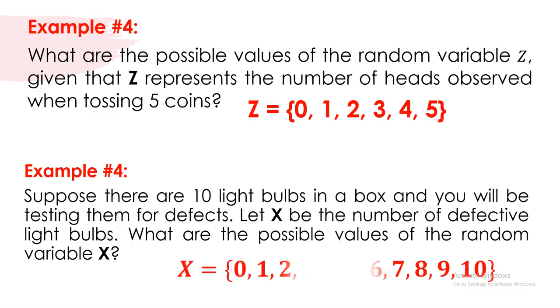The answer here is that the values are from 0 to 10. There may be no defective bulb, or all the light bulbs in the box may be defective. Okay? So it is very easy because we're just going to get the values of a certain random variable which represents a certain outcome.